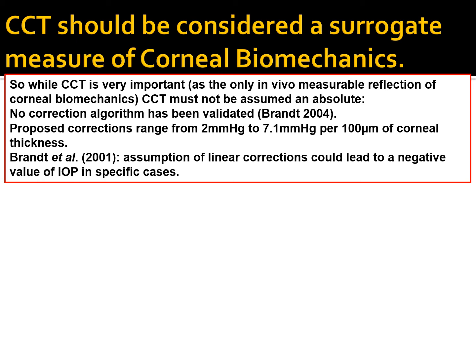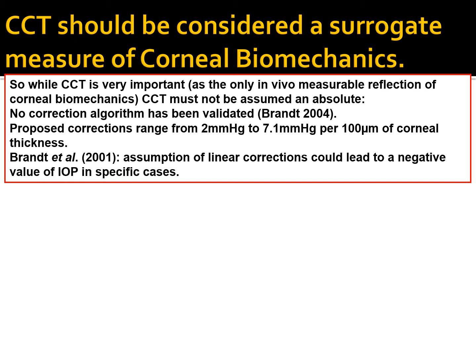But CCT must not be assumed an absolute. No correction algorithm has been validated, says Brandt, and proposed corrections range from 2 to 7 millimeters of mercury per 100 microns of corneal thickness. And Brandt even showed that the assumption of linear correlations could lead to a negative value of IOP in specific cases when you do the correction.